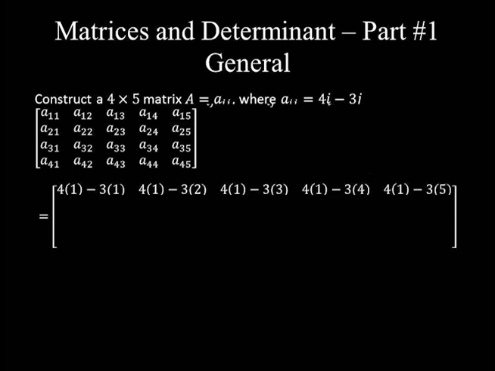When we come to row 2, the first subscript, that is i, is equal to 2, and the second subscript, that's j, varies from 1 to 5. Thus, A sub ij is equal to 4i minus 3j.